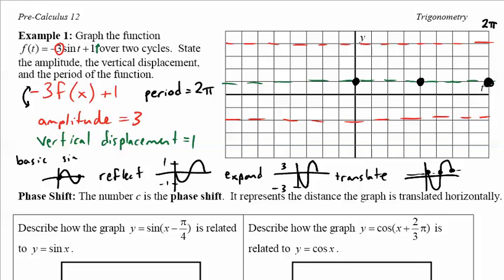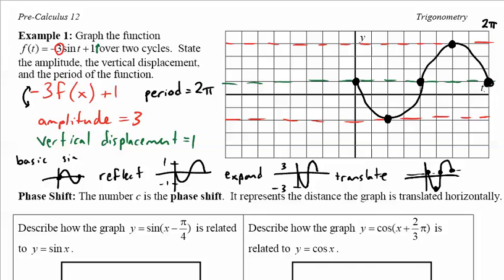Halfway between 2 zeros is the minimum. And halfway between 2 midline crossings is the maximum. So now I can connect the dots. Concave up, concave down. And that's my transformed sine.